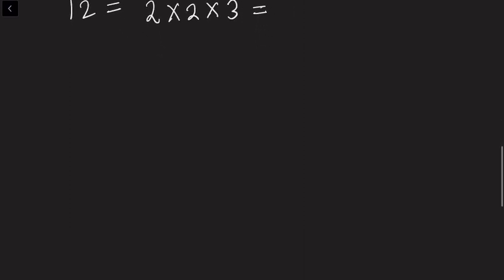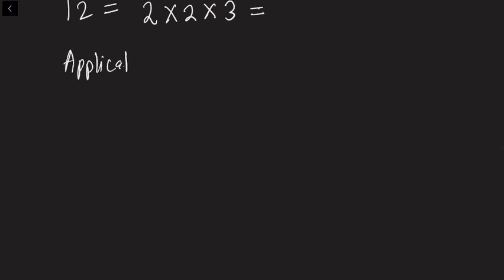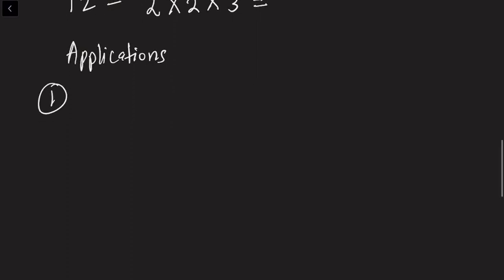Now we will be looking at two main applications of the fundamental theorem of arithmetic. I'll just explain this to you in brief. The first application of the fundamental theorem of arithmetic is to prove the irrationality of many of the numbers you studied in class 9th, such as root 2, root 3 and root 5, right?